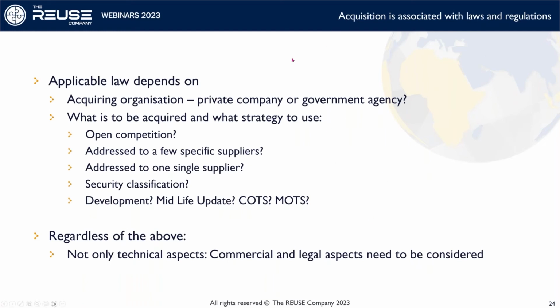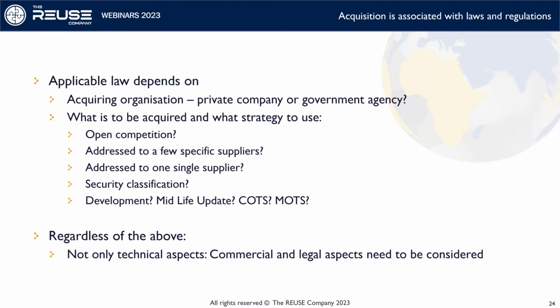I mentioned laws a bit. You should be aware that there are a number of laws that may or may not apply, depending on what sort of organization or company you are. There may be procurement laws that will actually control to what extent you may change things and how you should do that in the process.